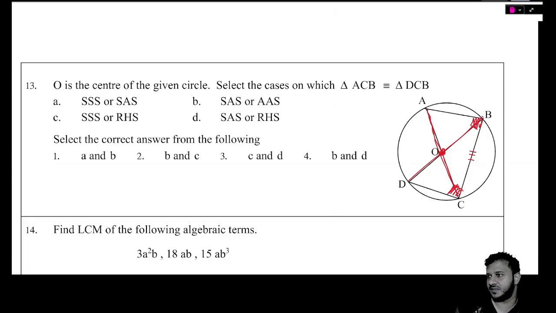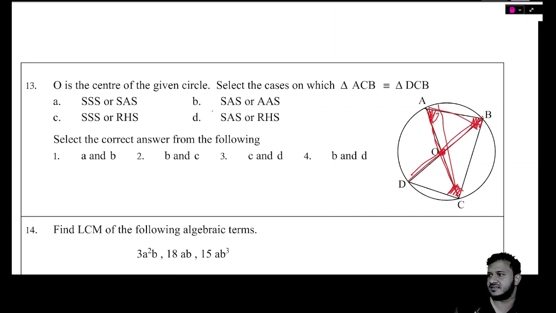RHS works, so that means either A or B. What is this meaning? RHS is working here. SSS, how can you use SSS? You can use Pythagoras theorem and show that SSS works. Also, this is the same segment, angles are equal, right? Same segment, angles are equal. So you can also use AAS.